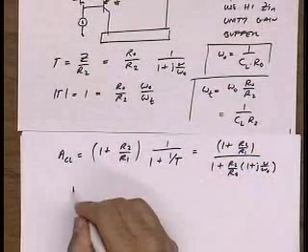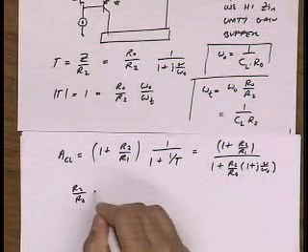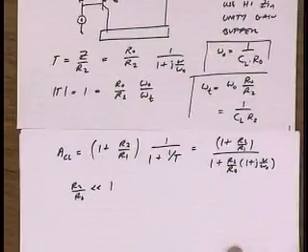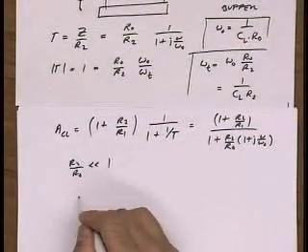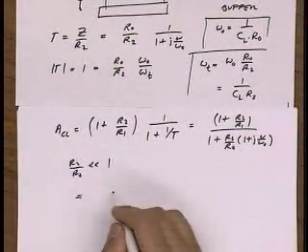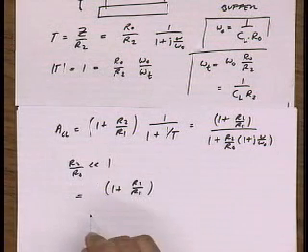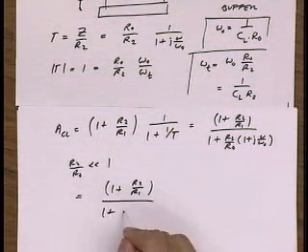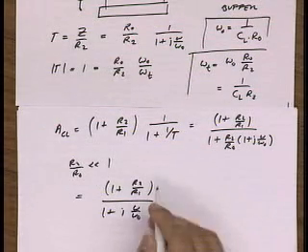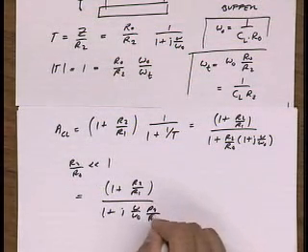And if I assume, just as we did last lecture, that R2 is much less than R naught, because I assume I have large loop gain at DC, then this simplifies to 1 plus R2 over R naught, times 1 plus j omega over omega 0 times R2 over R naught.